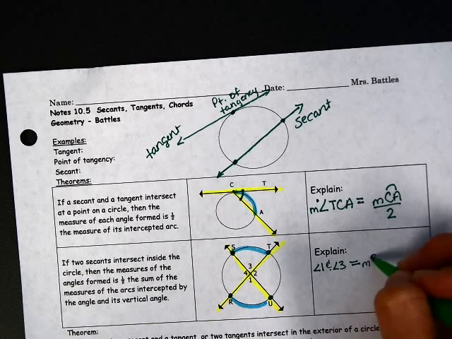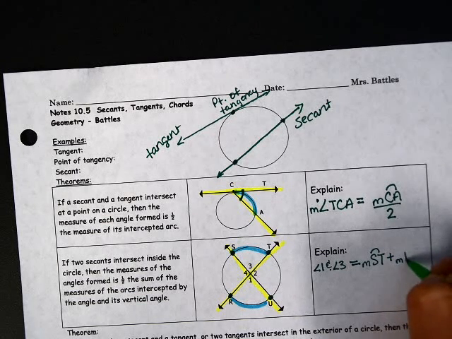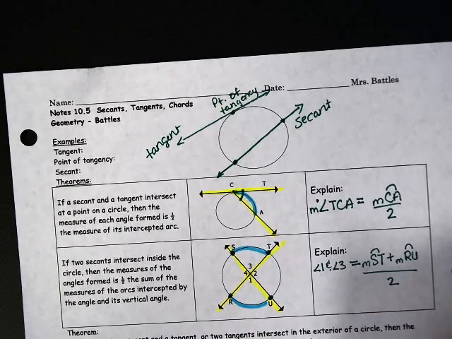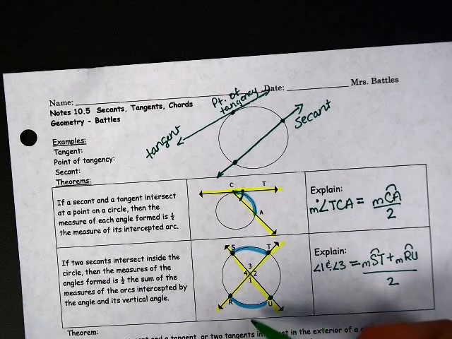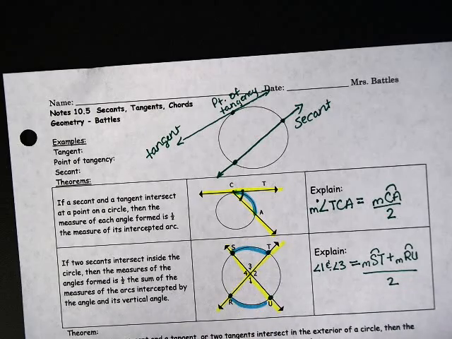So the sum of arc ST plus arc RU divided by 2. So depending upon what the measures of these arcs are, we would add them together, divide by 2, and that's the degree of each one of these angles.